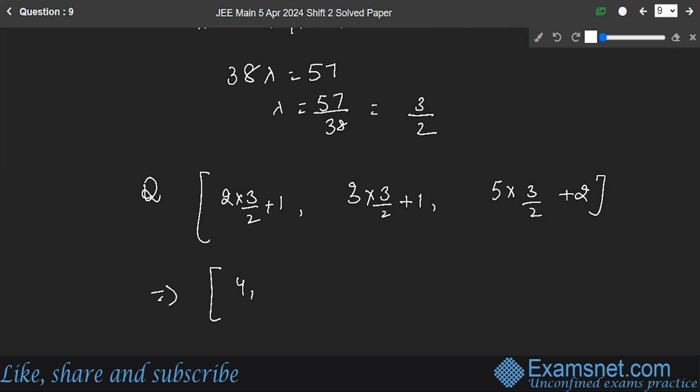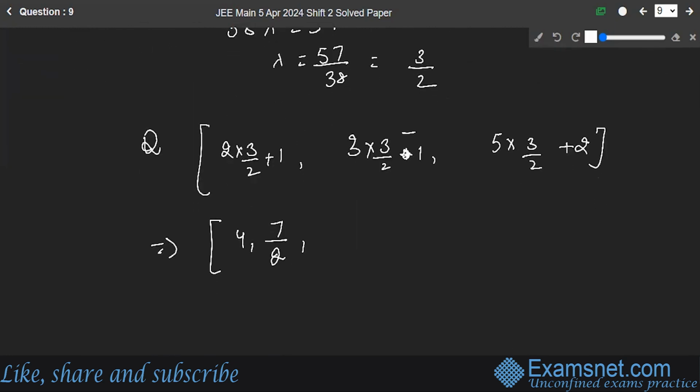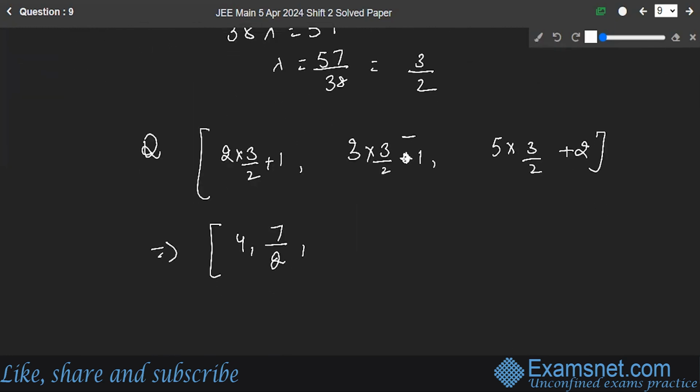This will be equal to 4. Actually, there is a minus 1 over here, because here was plus 1 and here should have been a minus 1. Okay, so this is 7 by 2, and this will give me 15 by 2, 19 by 2. So these are the coordinates of your Q.